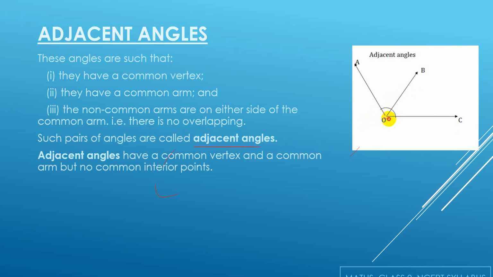And the non-common arms AO and OC are on either side of the common arm. That is, they are not overlapping each other. So this pair of angles AOB and BOC are known as adjacent angles. Once again, they have a common vertex, a common arm BO, and the non-common arms are on different sides of the common arm.